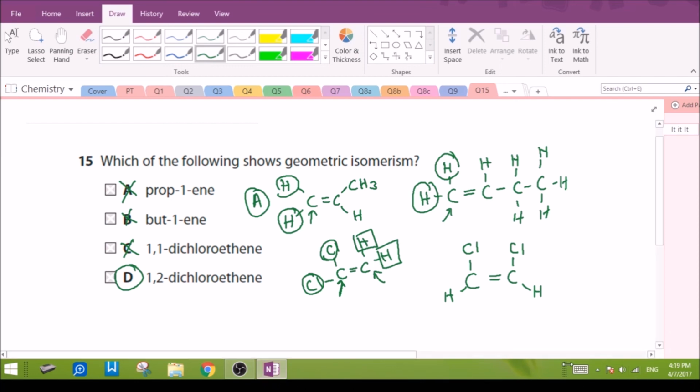This will be the cis isomer. And if you draw it in another manner, where the groups are diagonally opposite, this will be the trans isomer.